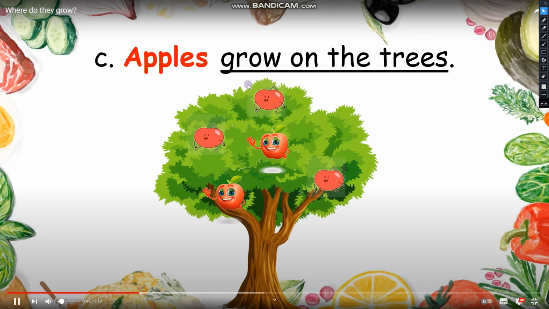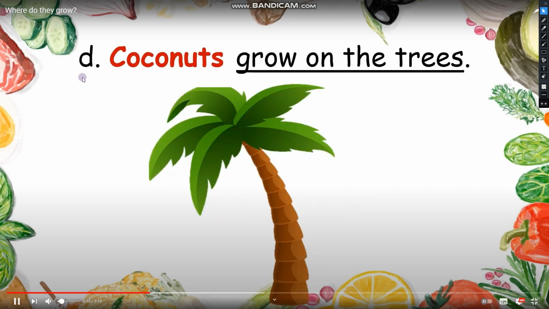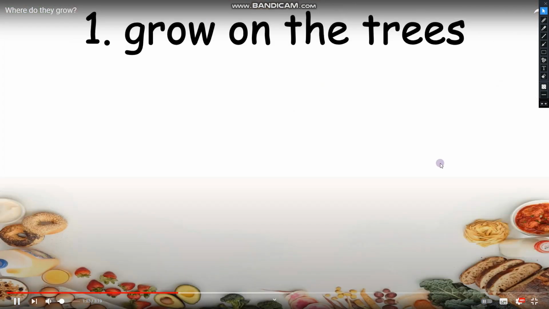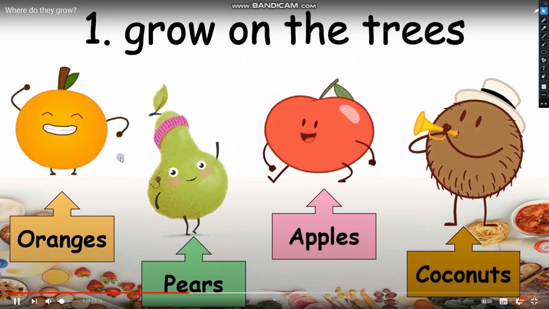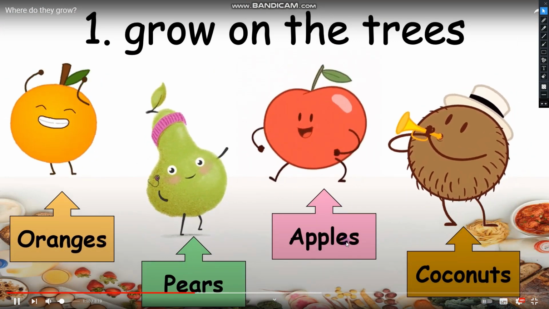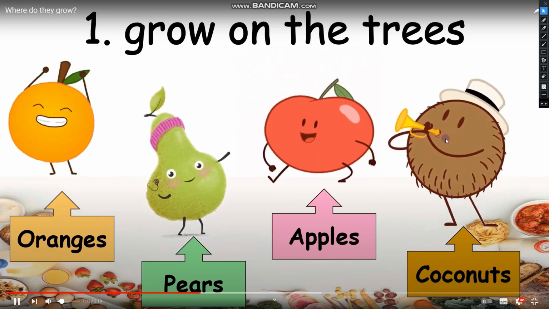So this is apples. D, coconuts grow on the trees. So number 1, grow on the trees are oranges, pears, apples, coconuts.